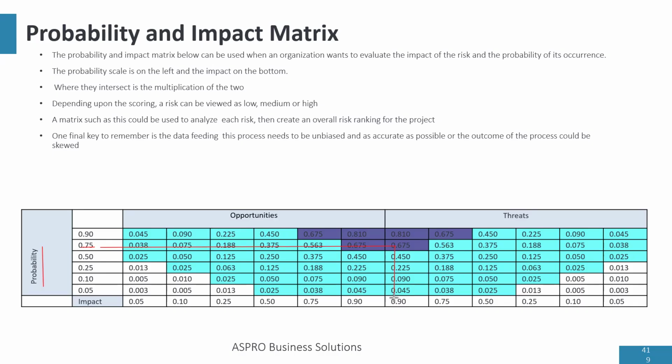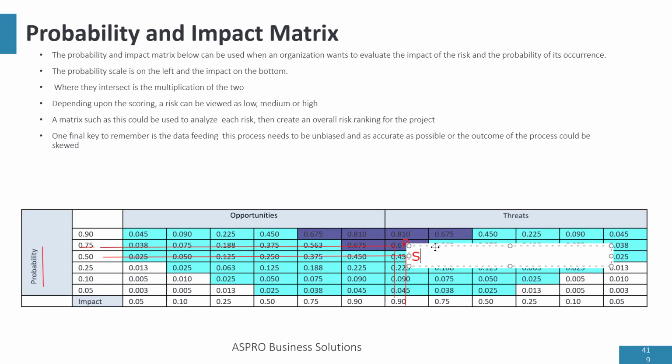This is where rain falls. Then we have security. The probability of security is 0.5 and the impact is 0.9. So I'm going to put security here.